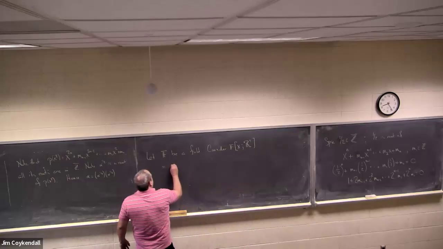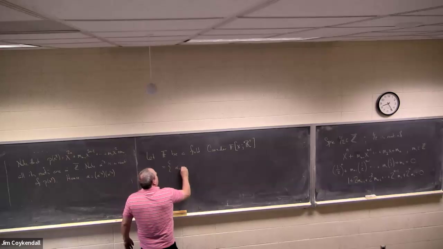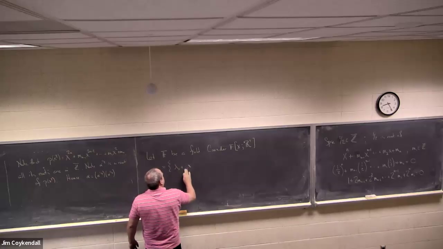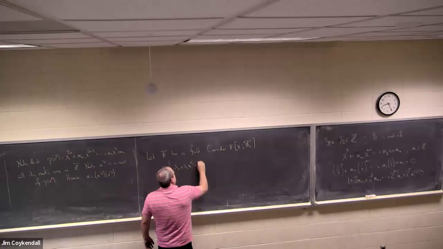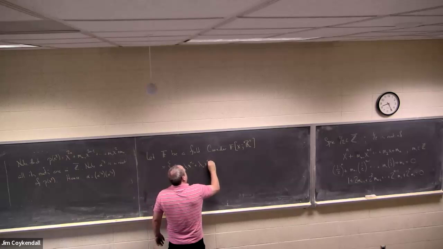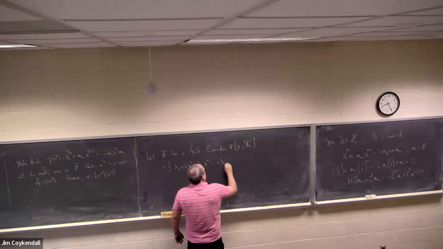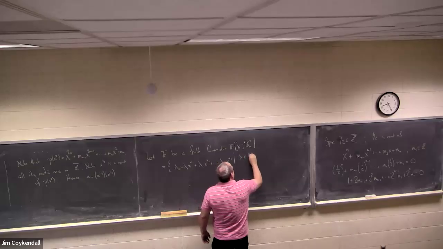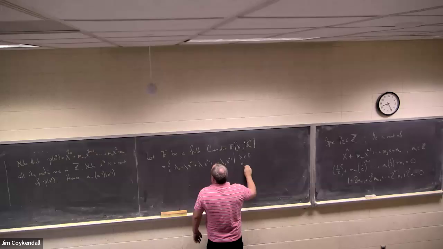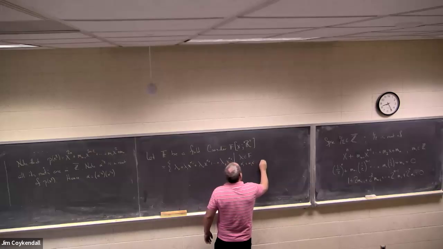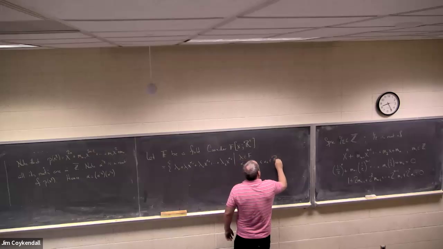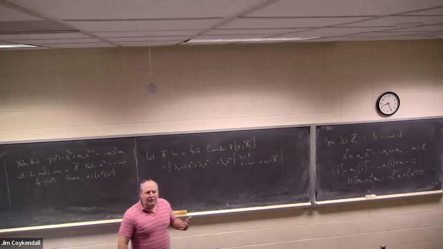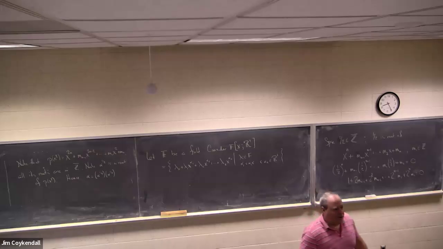A typical element in here looks like lambda 0 plus lambda 1 x to the alpha 1, and so on, where the lambda i's are in the field and alpha 1 less than alpha 2 less than alpha k are all positive reals. So this is just like polynomials over a field, except now I'm being very liberal about what I let you use for exponents.